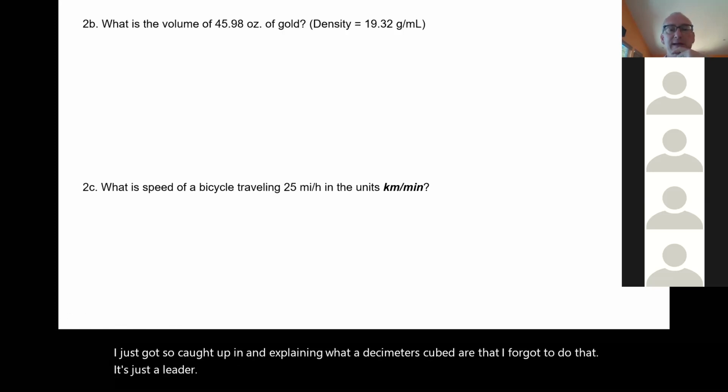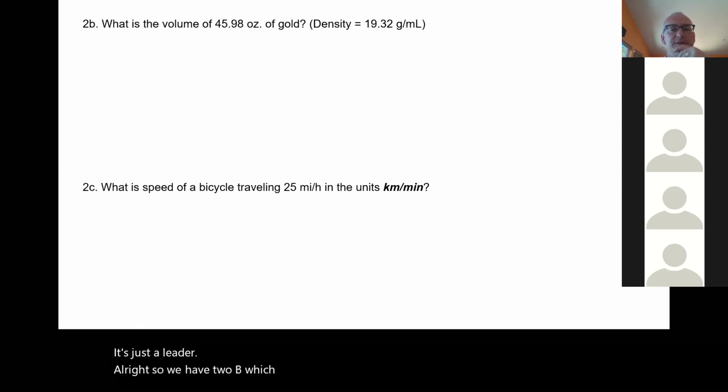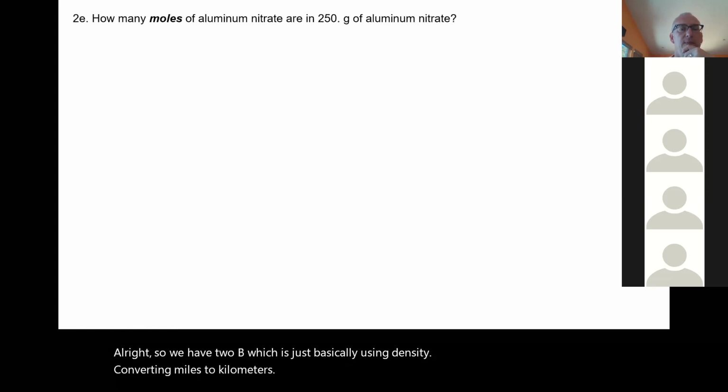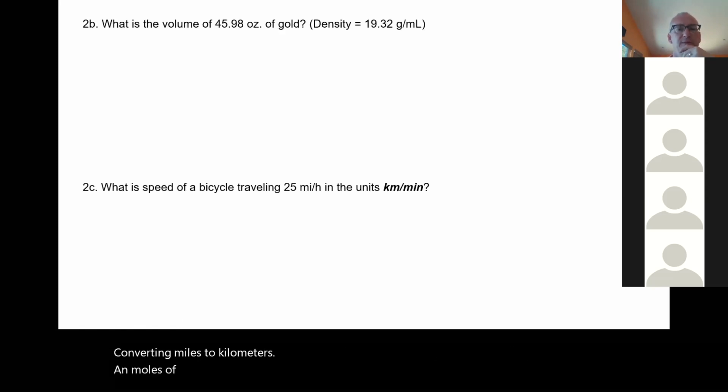All right, so we have 2B, which is basically using density, C, converting miles to kilometers, and moles of aluminum nitrate. Which one would you like to do?